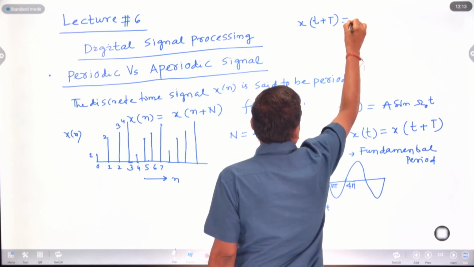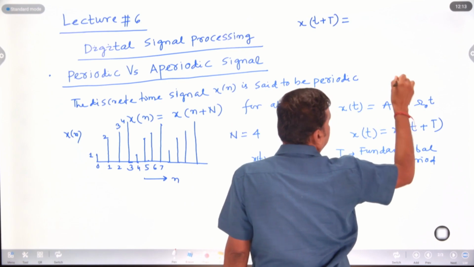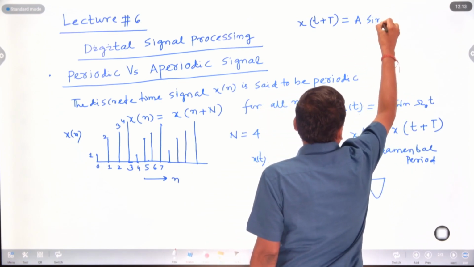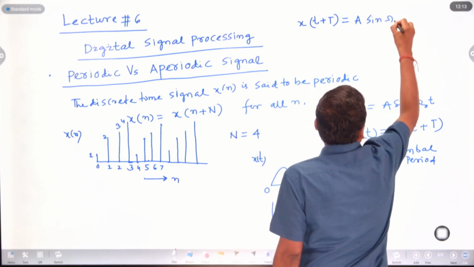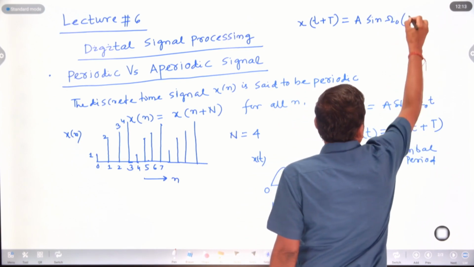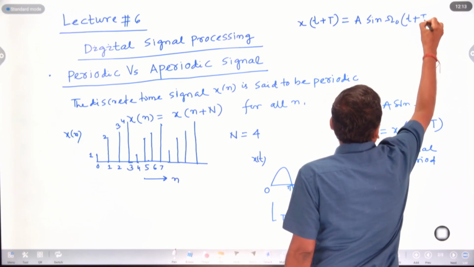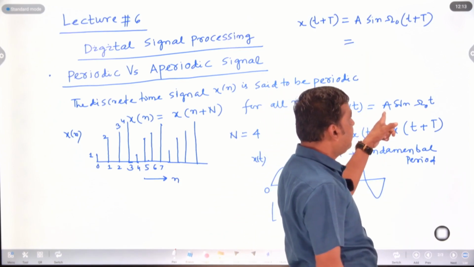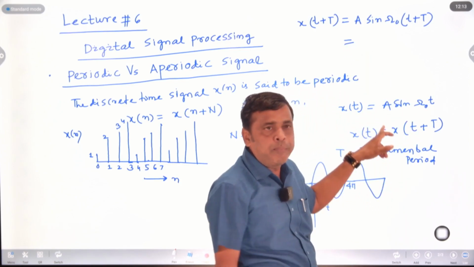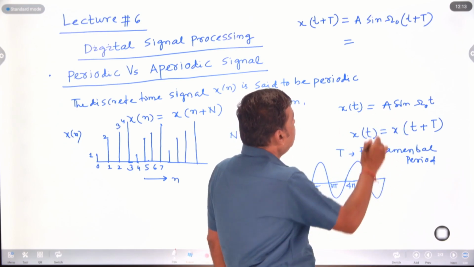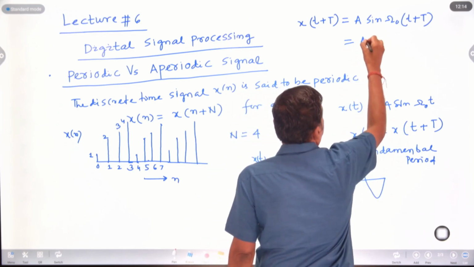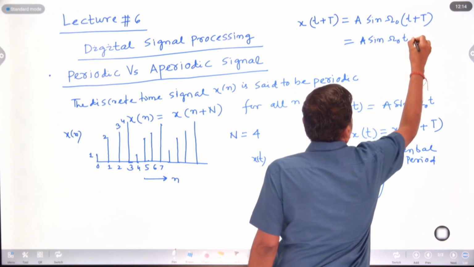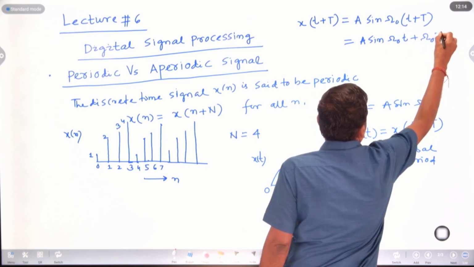In place of t we can place t plus capital T. So it is a sin omega 0 times t plus capital T, where a is the amplitude and omega is the frequency. So it can be written as a sin of omega 0 t plus omega 0 capital T.